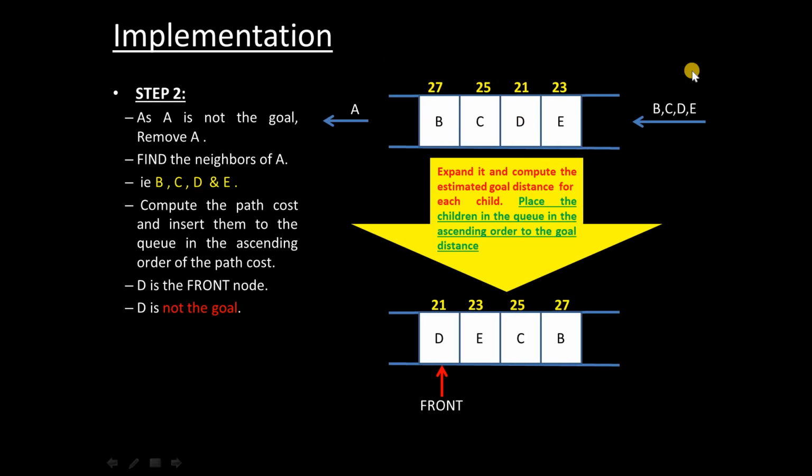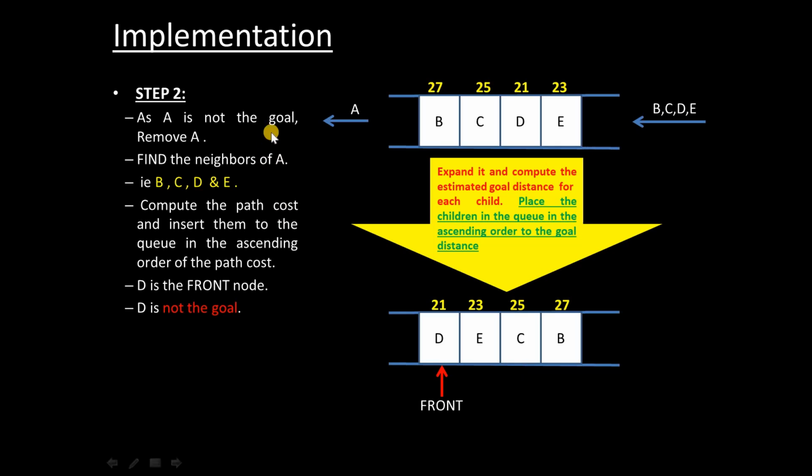As in the breadth first method, you can insert B, C, D, E, and for ease of writing, you just write the cost above the blocks. Then what we have to do is expand, compute the estimated goal distance for each child, and place the children in the queue in ascending order of goal distance. This is what is mentioned in the algorithm. So after inserting these, you have to reorder the queue.